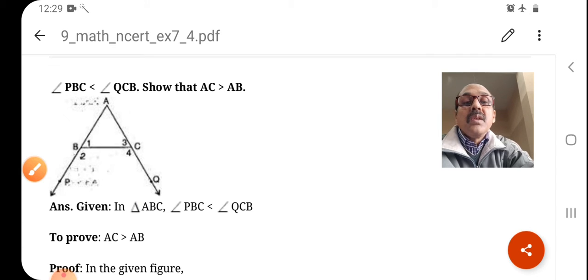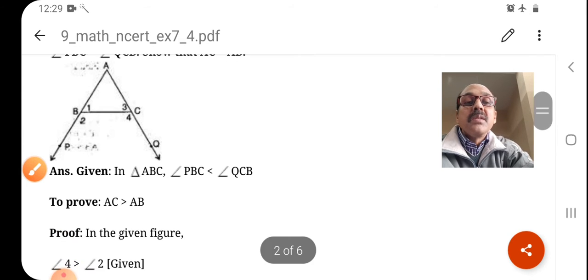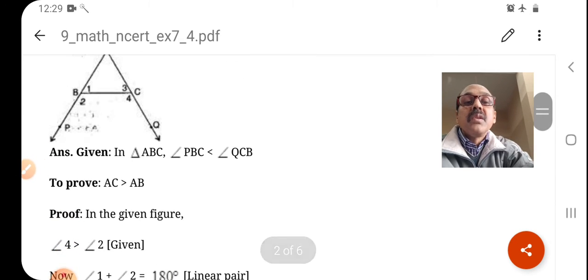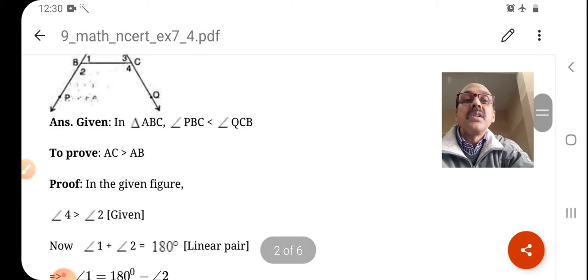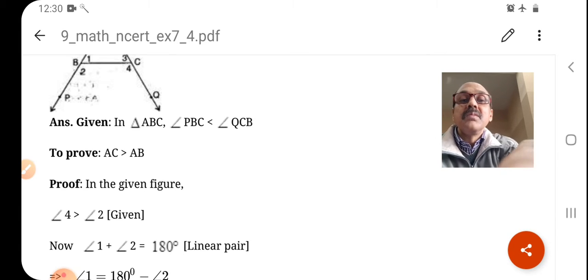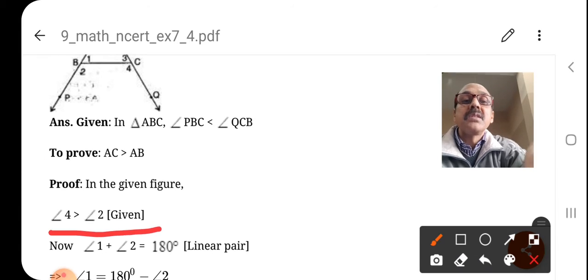Now, to prove AC greater than AB, it is given in the question that QCB is greater than PBC. QCB means angle 4. So angle 4 is greater than angle 2. This is given.